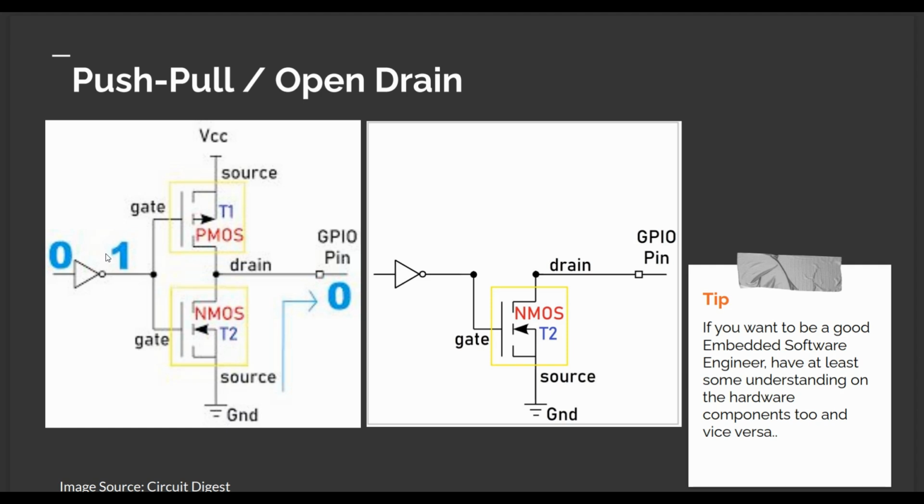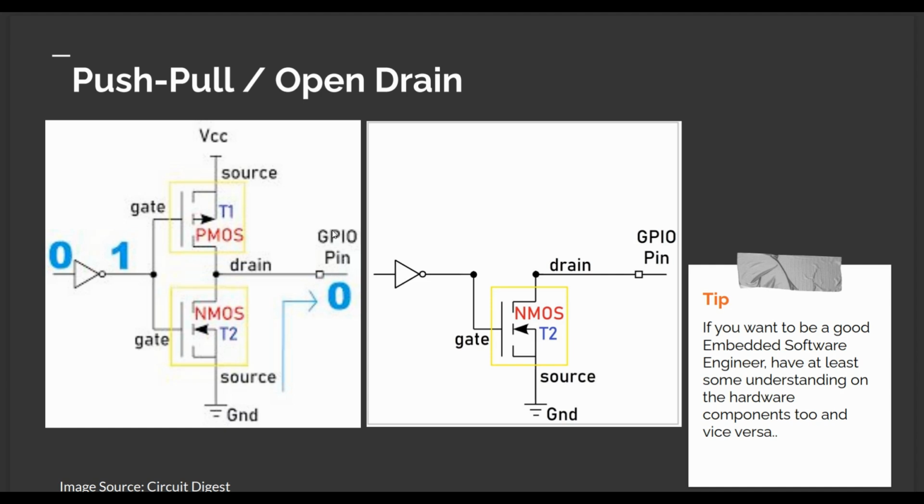But when the CPU writes 1 here, the inverter circuit will make it 0 on both the gates. Now the NMOS will be in non-conduction mode, it will not conduct, and the PMOS will be in conduction mode. Now the VCC or the positive rail is connected to the drain, which is the GPIO output pin.